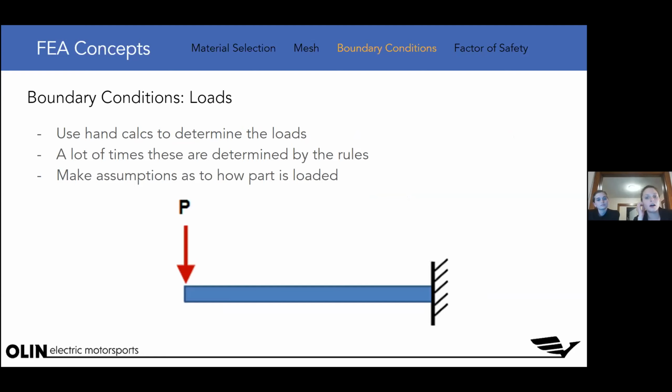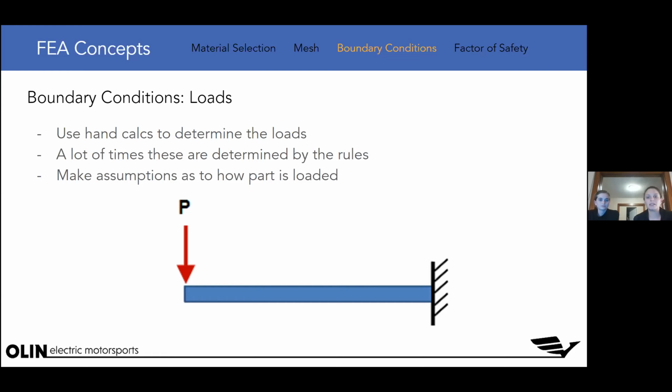Another boundary condition is loads, which, using the same example, is the force just at the end of the beam. You use your hand calcs to determine what the loads are on your part. In Formula specifically, this does not happen in the real world. A lot of the times our loading conditions are determined by the rules, so that could be helpful.